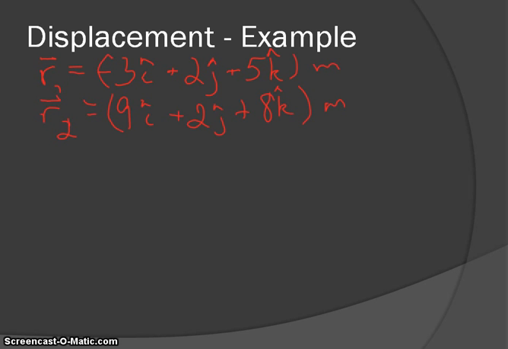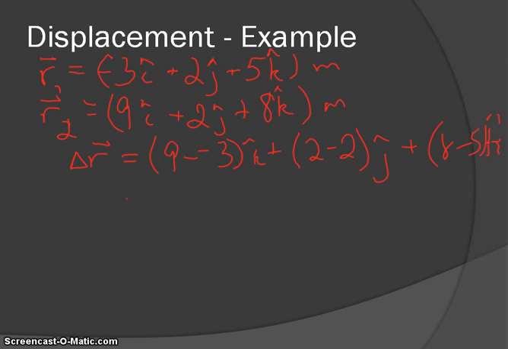So our displacement is going to be the change between these two vectors. So we're going to have 9 minus a negative 3 in the i hat direction, 2 minus 2 in the j hat direction, and 8 minus 5 in the k hat direction.